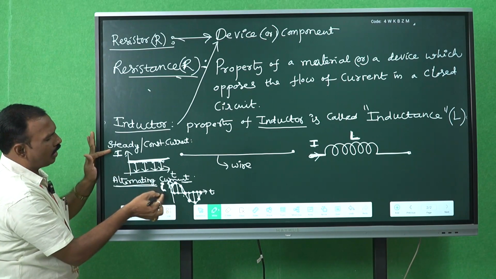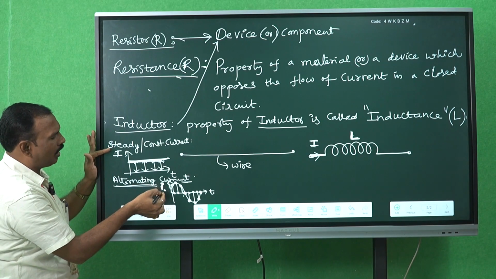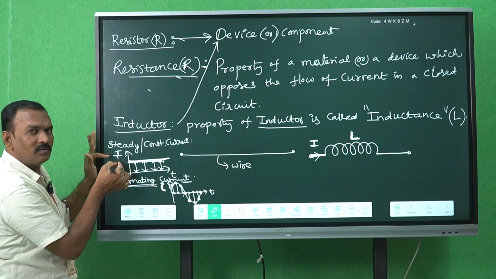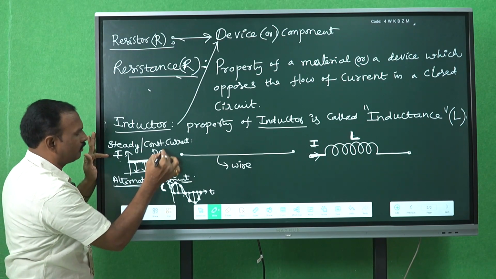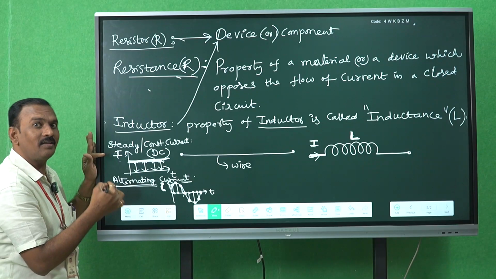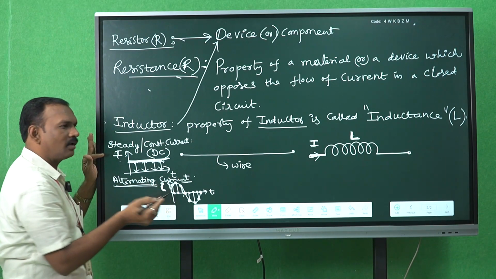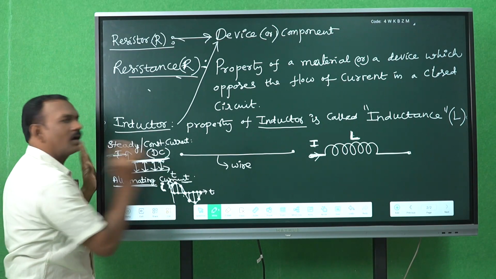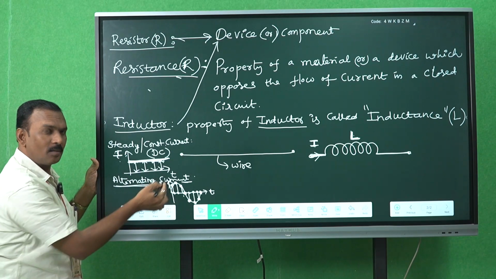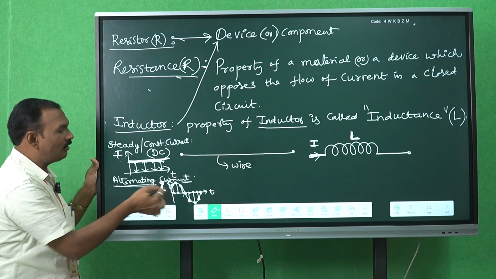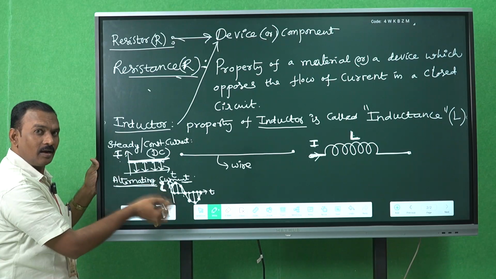Here, both are I, but this is a small i and this is a capital I. Capital I represents the steady current or DC. Steady current is also called DC current, meaning direct current, which is nothing but a constant magnitude of current. The other one is alternating current, represented with the small i. That is the difference between DC current and AC current.